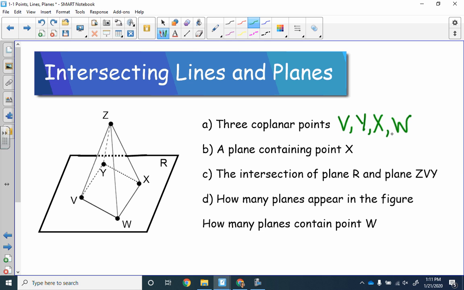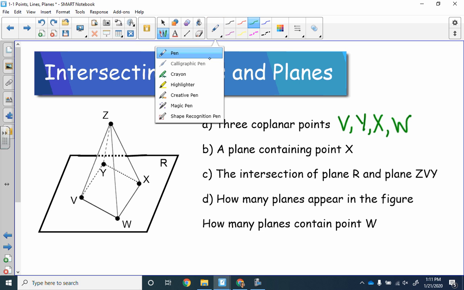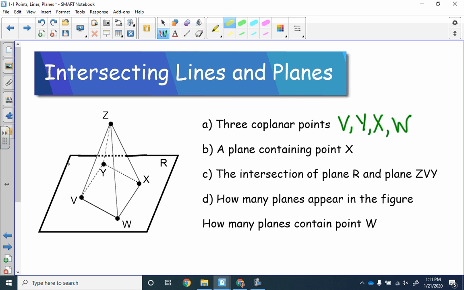Name a plane that contains the point X. Well, there are 3 planes that contain the point X. One of them is we can refer to the plane on the bottom here, which is plane R. So we could say plane R.